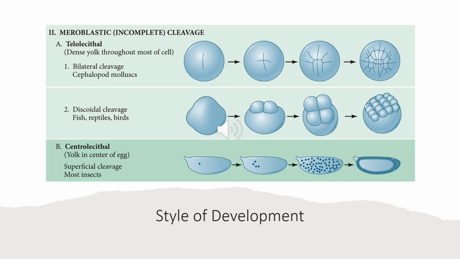And this basically means that it has a dense yolk throughout most of the center, which is indicative of a telolecithal style of meroblastic cleavage. And as you can see in the second row of the diagram, that is the style of cleavage that we will see. We will see a yolk, and then we will see the 2-cell stage, the 4-cell stage, and so on throughout the development.